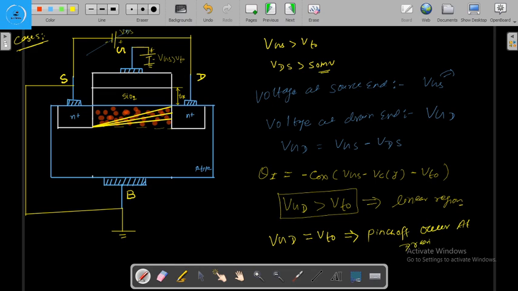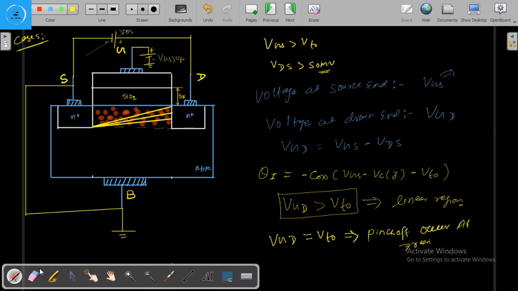So what is the pinch off? When the VGD is equal to the threshold voltage, the depth of the channel at the drain end becomes zero. Pinch off is nothing but the depth of the channel at the drain end becoming zero.